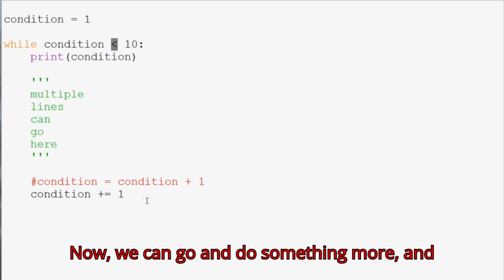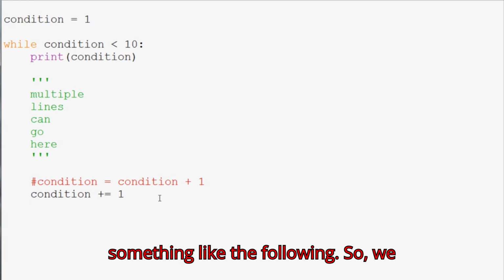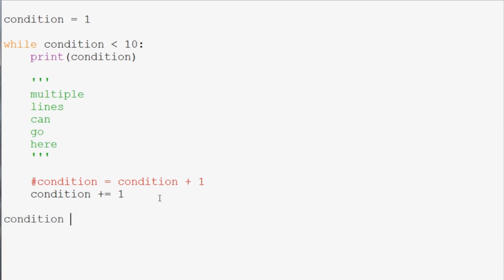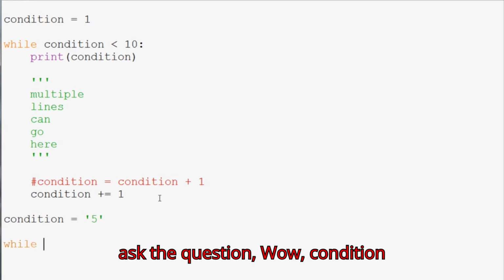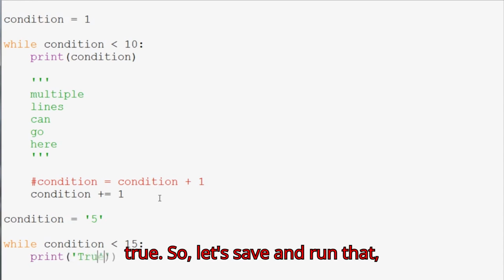Now we can do something more, like the following. We could say condition equals 5. Now we can ask the question, while condition is less than 15, print true.